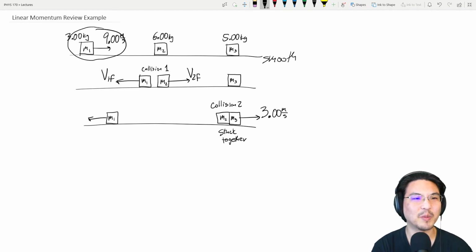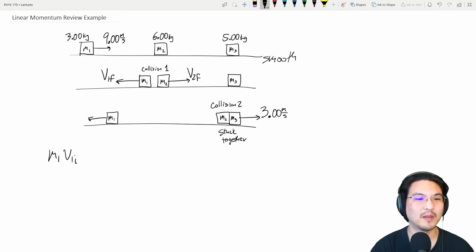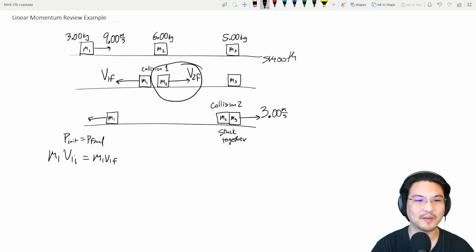This block had momentum M1 V1 initial, which is 9, plus the momentum of this block, which is 0 because it's not moving. So that's the momentum initial. After the collision right here, this block has momentum M1 V1 final, and this block has momentum M2 V2 final.